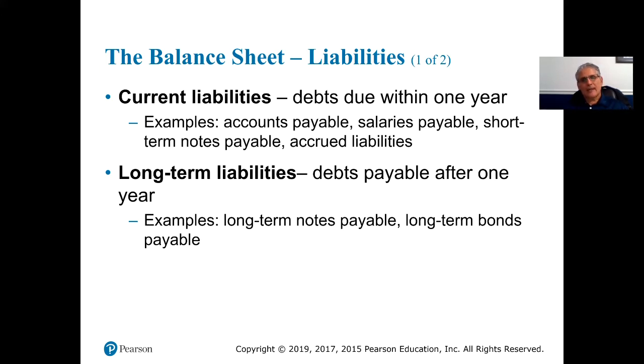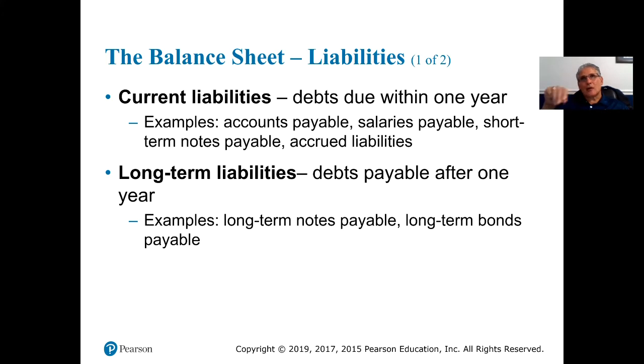Long-term liabilities, that's debt that's payable after 1 year, something that you're going to be paying into the future for a long period of time. You can have what is referred to as notes payable. When you buy that car and you finance it for 4 years or 5 years, well, that would be considered long-term debt.